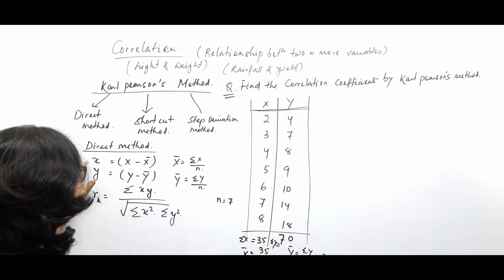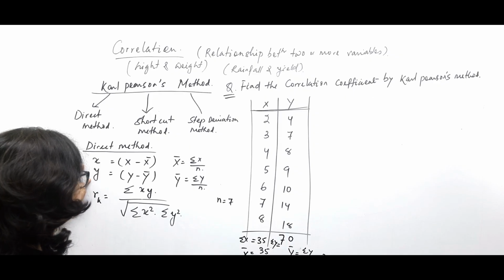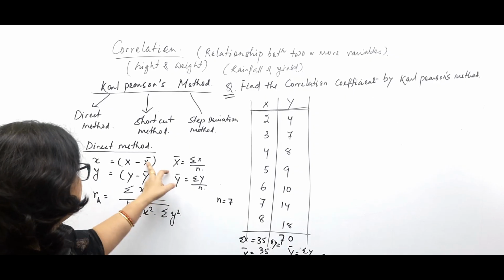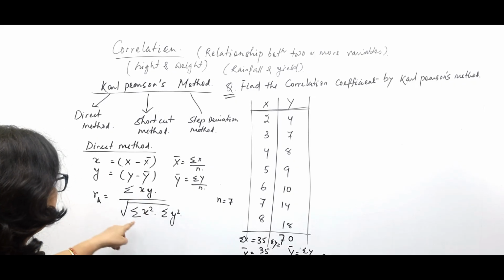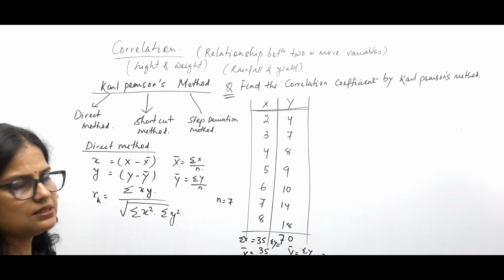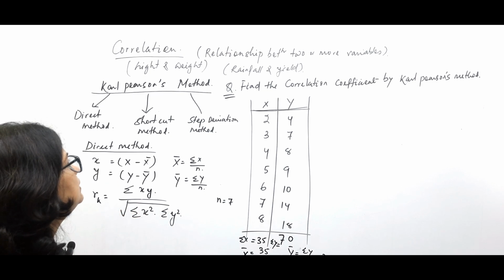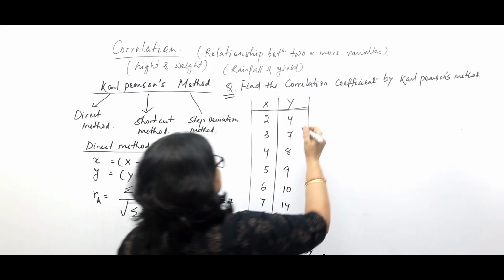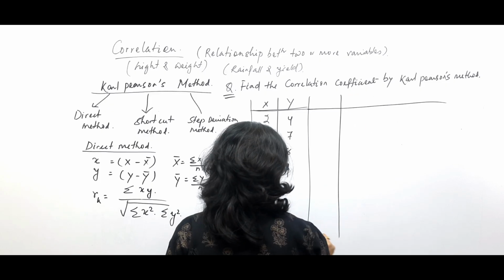What do we need? We need to find small x and small y, because we got x bar and y bar. Then we need to find x into y, then x square and y square. These values we need to calculate the correlation coefficient. So let us find how we are going to calculate.